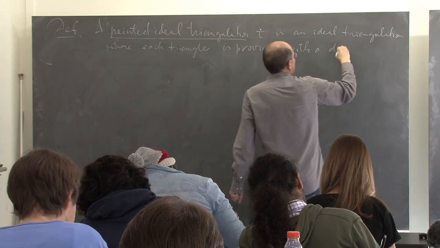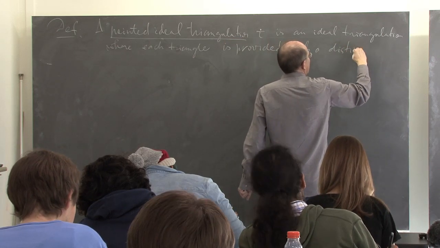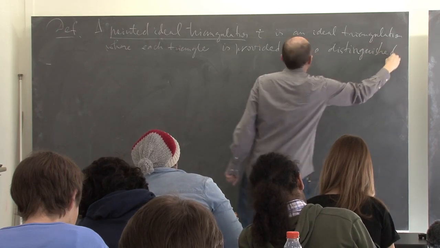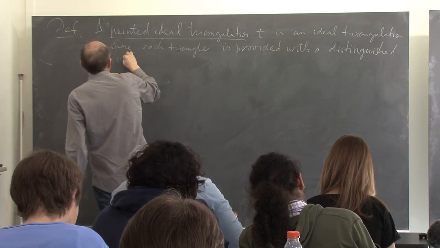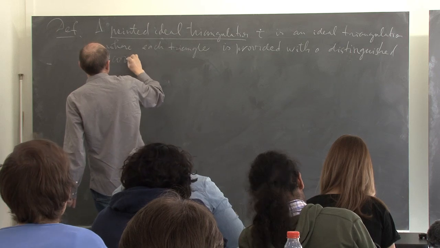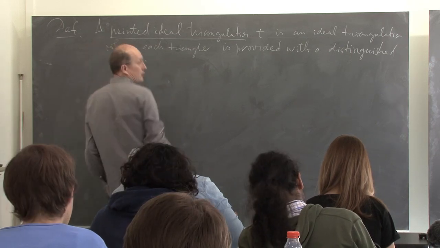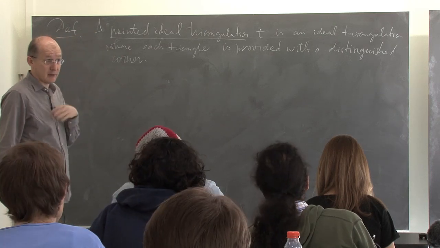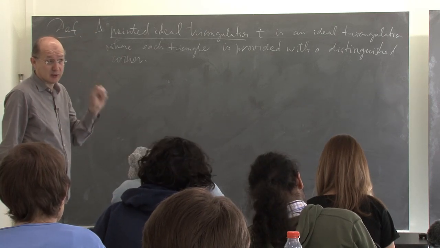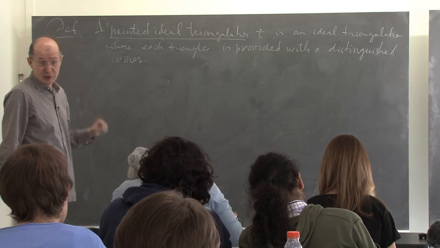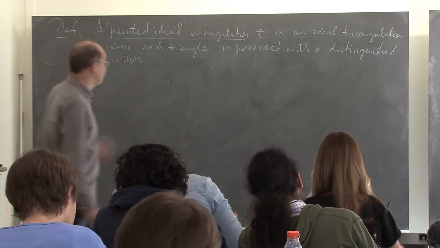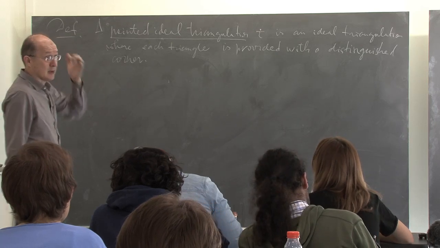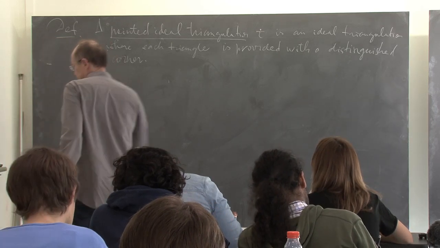We have already seen a similar notion under the name of decorated ideal triangulation, but here we don't order the triangles. We just mark a corner in each triangle, but not more than that. So it is some kind of half decorated ideal triangulation.